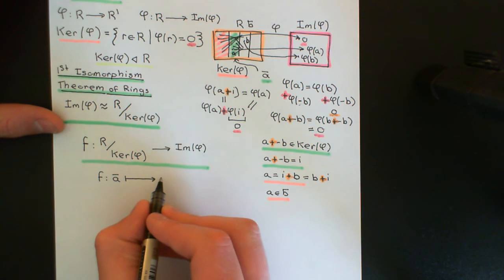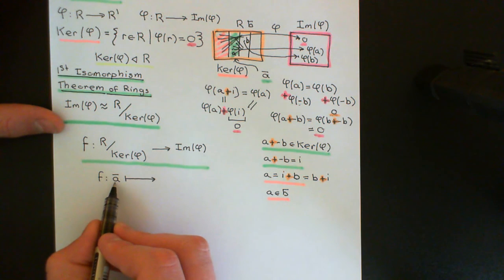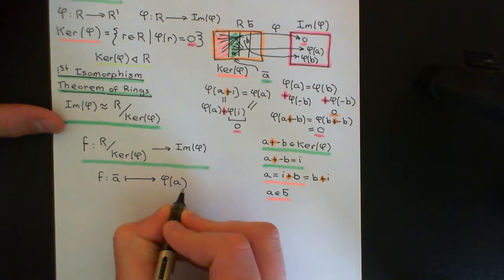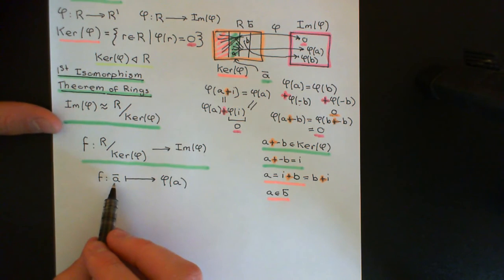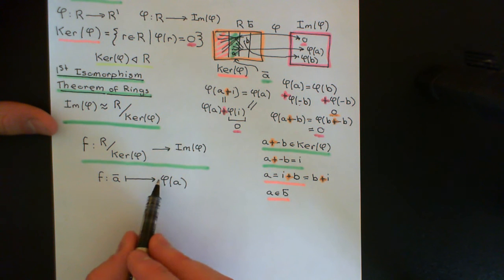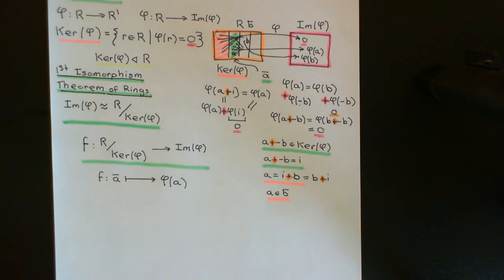What can we use to denote that element? Well, you take a representative from the coset, we might as well take A, and then just take phi of A. So we're going to map a coset onto the element in the image of the homomorphism where all the elements of that coset in the domain ring are mapped by the initial ring homomorphism. That is how I'm going to define this map.